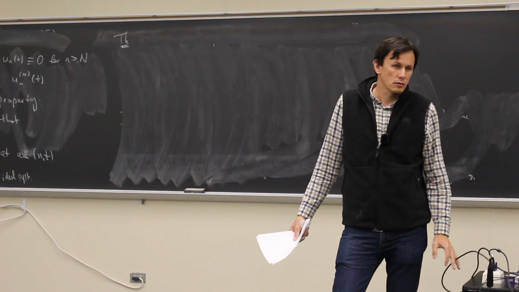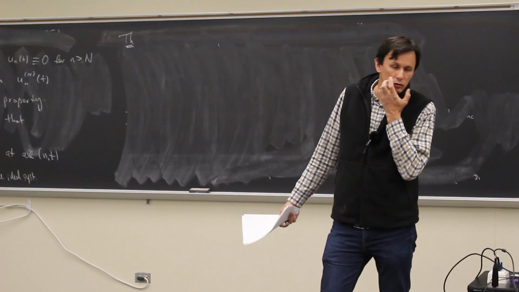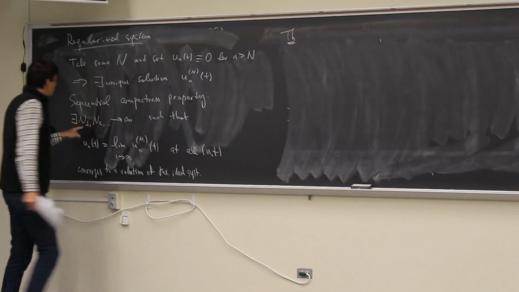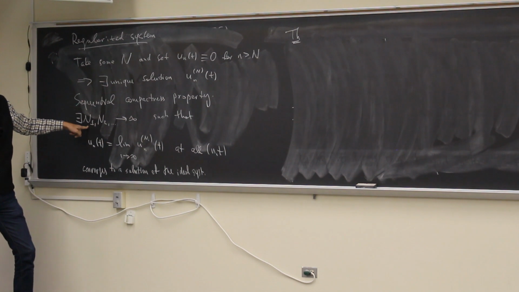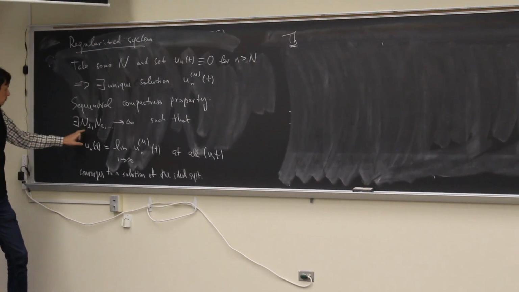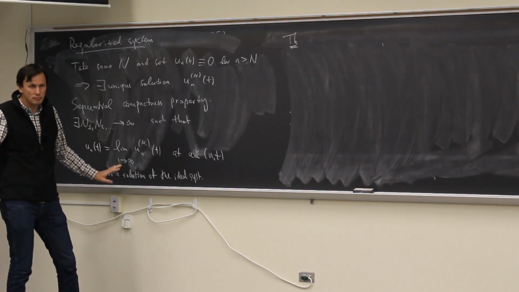A subsequence of the i's or the ni's? Our original sequence is 1, 2, 3, 4, 5, 6, and so on, and then a subsequence of it converges. So for any sequence there is this convergent subsequence.